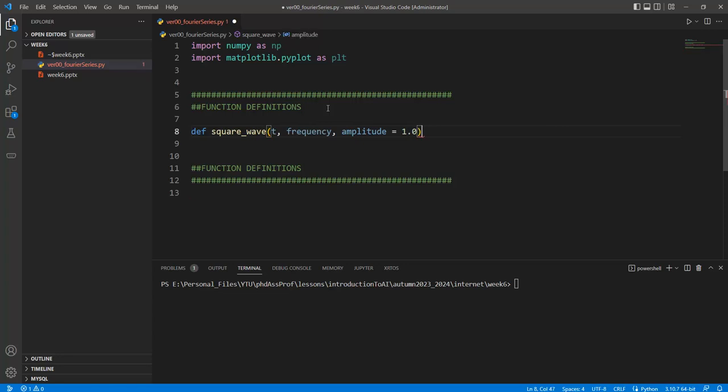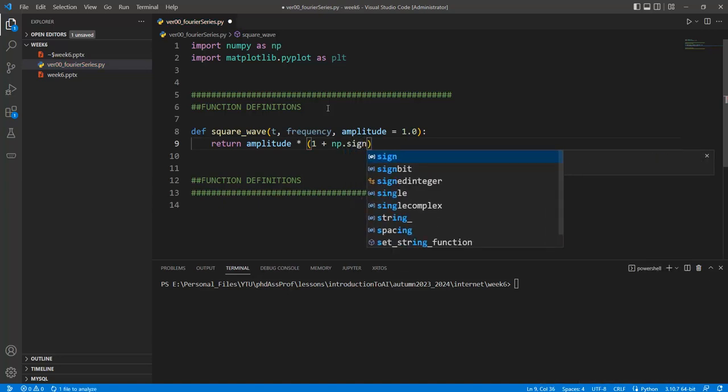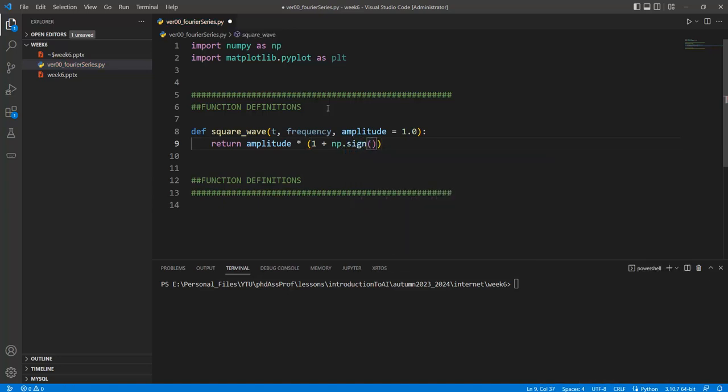Okay, and so we can return the amplitude times 1 plus np.sign. What's the meaning of the sign? We can create the 1 and 0 values by using this function. Okay, and so we can create the square function by using these terms.